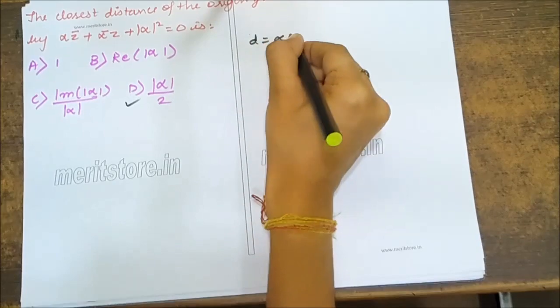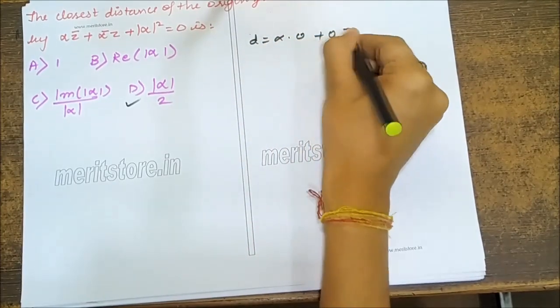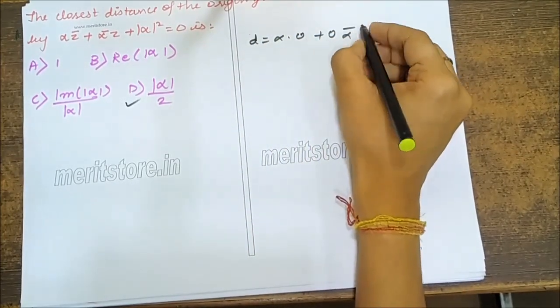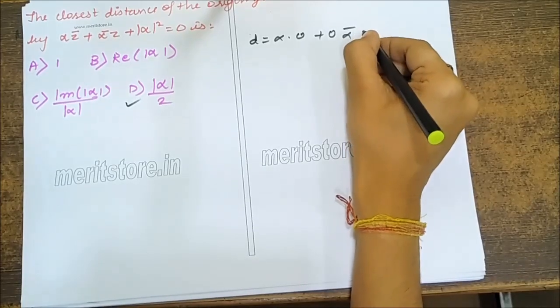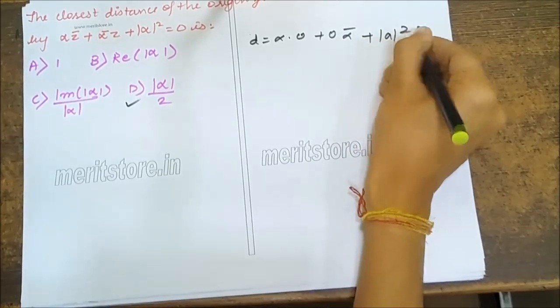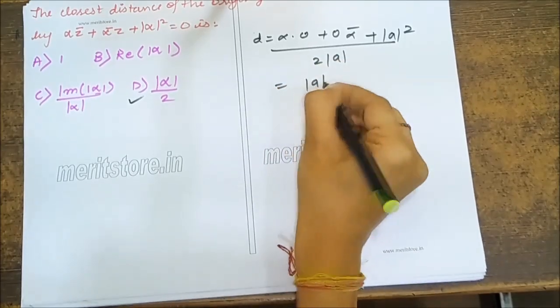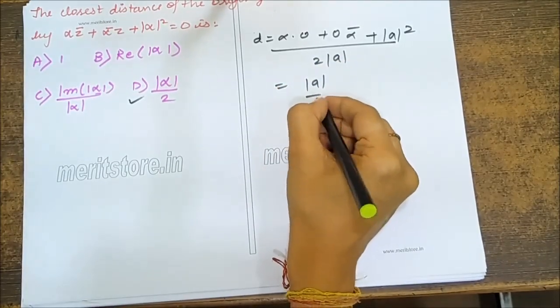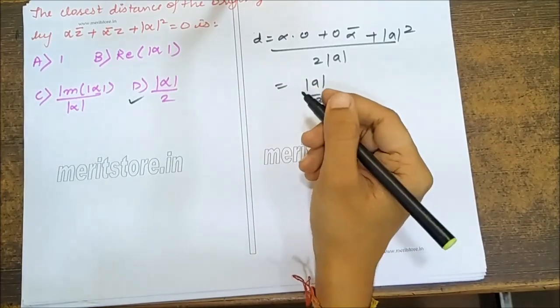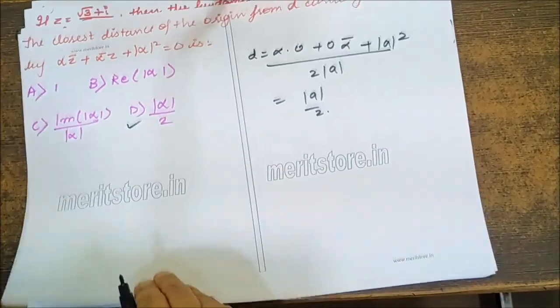D is equal to alpha into 0 plus 0 into alpha bar plus modulus alpha square upon 2 modulus alpha, that is equal to modulus alpha upon 2.